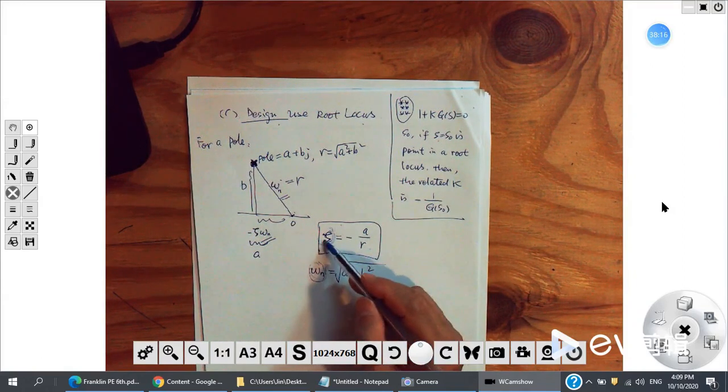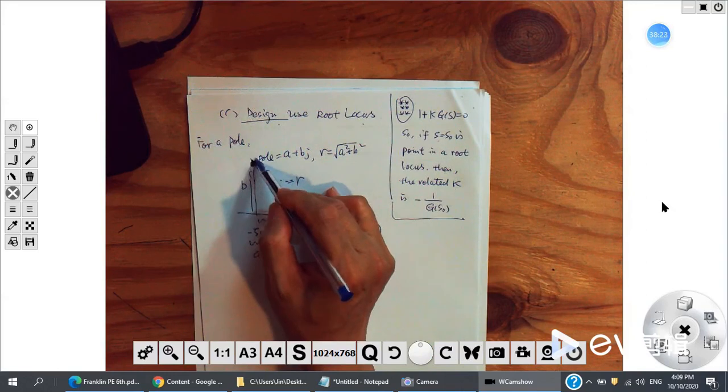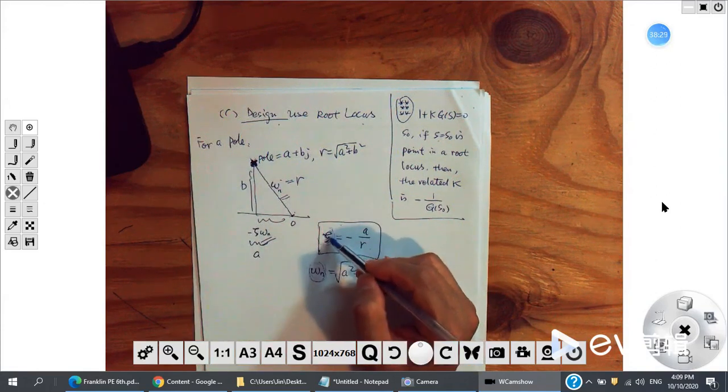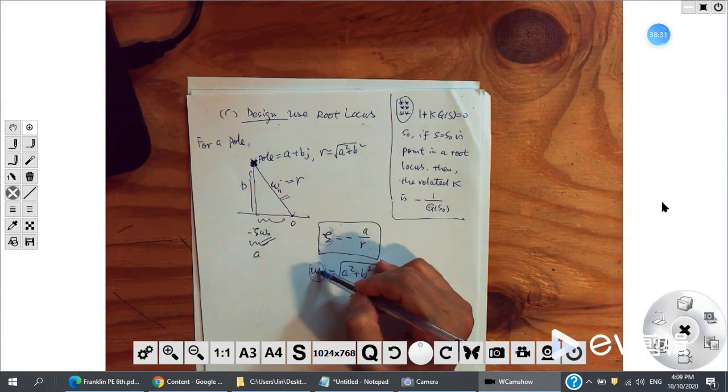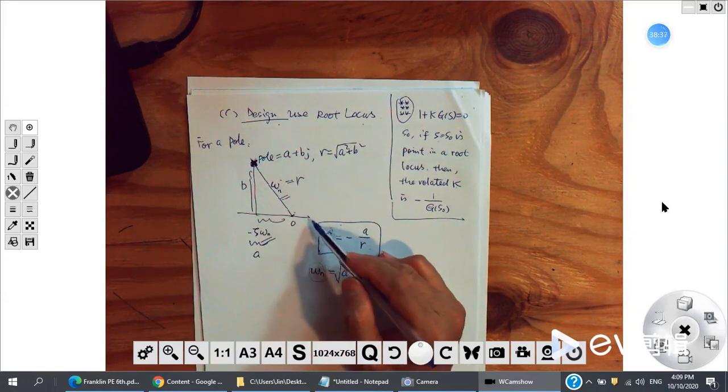When you know these two, that means you have a range for these poles. You want the pole located in a certain place that makes sure zeta and omega n satisfy your requirement. You will pick poles based on those requirements.